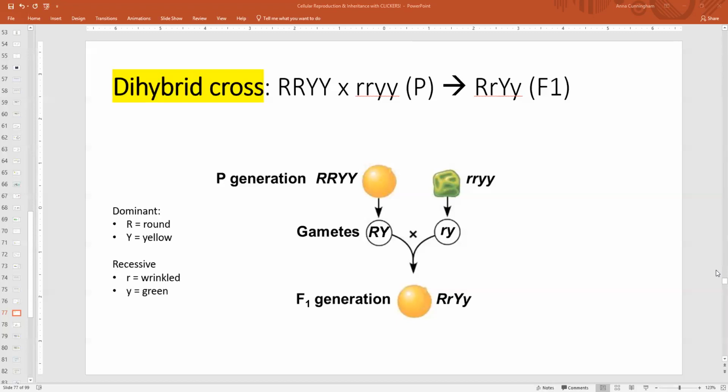So some traits are inherited together, and these are called linked genes. And we'll talk more about these later, but I'll give you one example. We know that the alleles coding for red hair and freckles are linked.